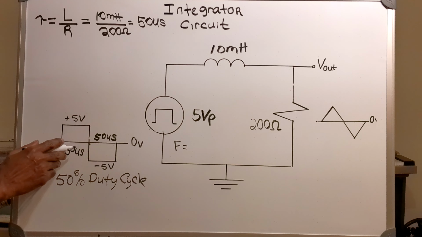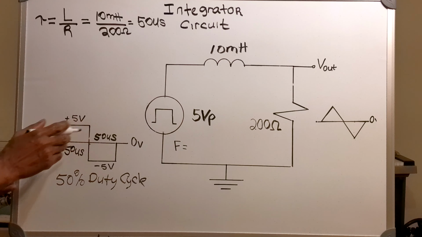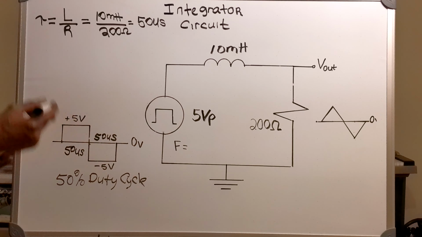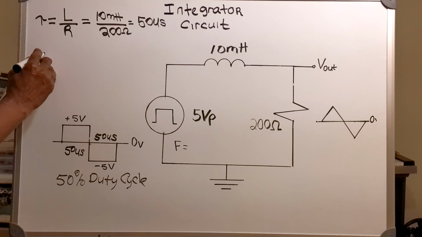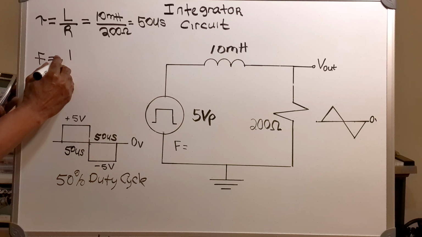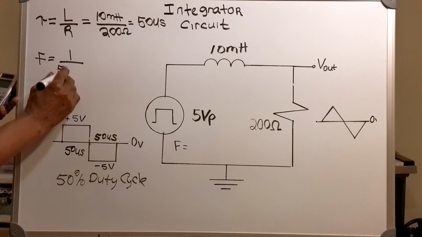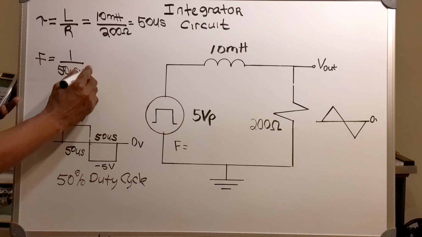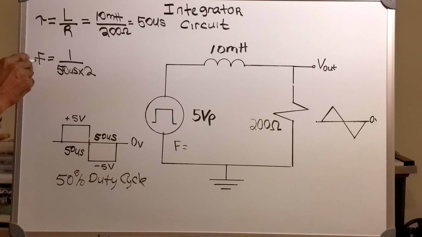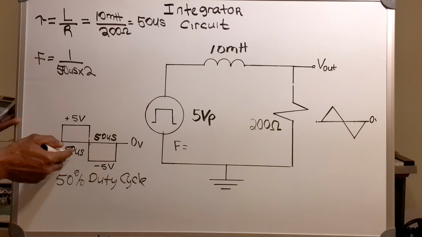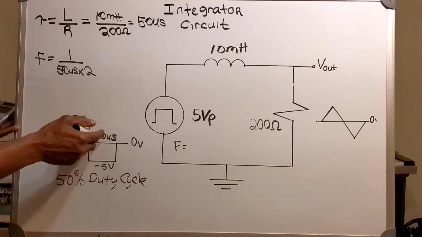So now I'm going to use these values and I'm going to find my frequency. So my frequency equals 1 over 50 microseconds times 2, because I've got 50 microseconds here and 50 microseconds here.